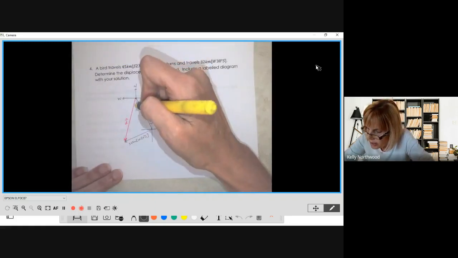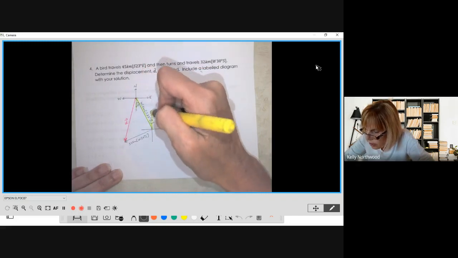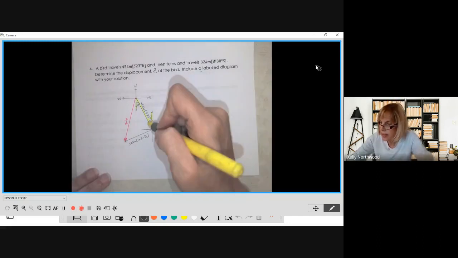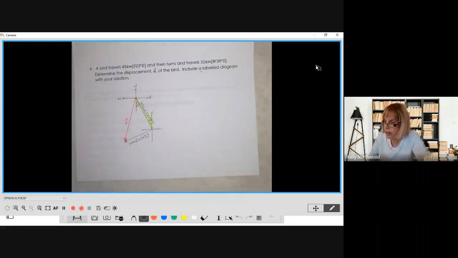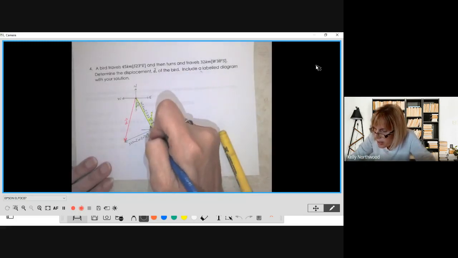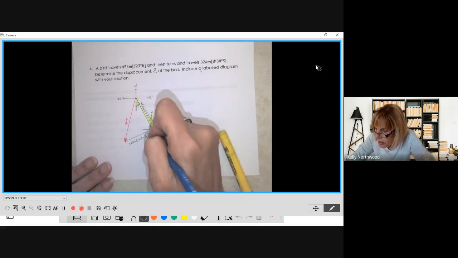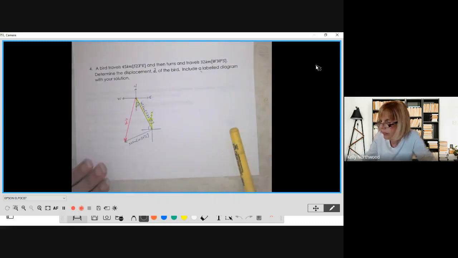So straight south along the vector to straight north means this angle in here is also 23 degrees. So the angle between the vector and north. But I know that a whole quadrant is 90. So from west to north is 90. So this piece in here is going to be 90 minus 23.